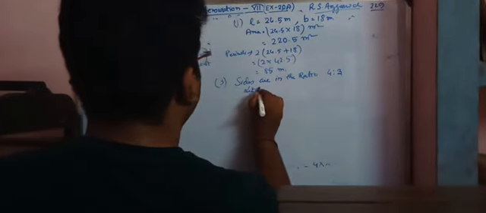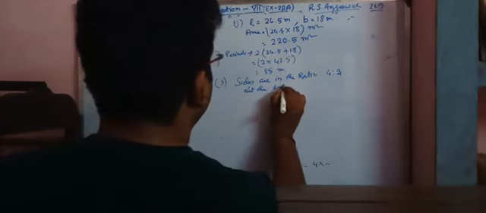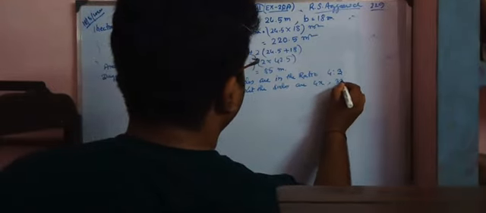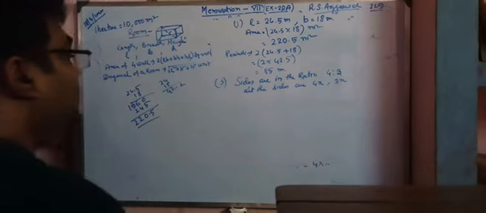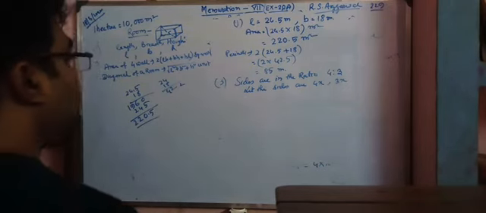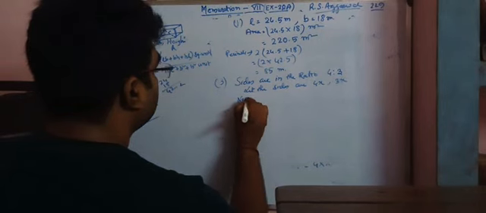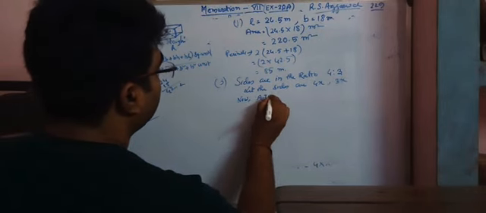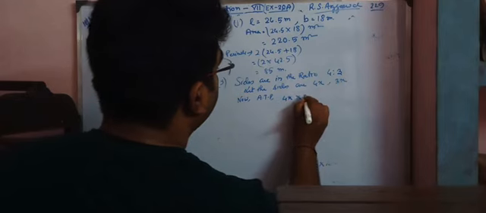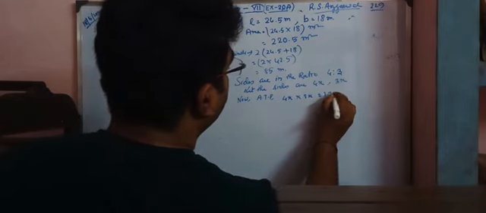Let the sides be 4x and 3x. Now here the area is 1728. According to the problem, 4x into 3x is equal to 1728.